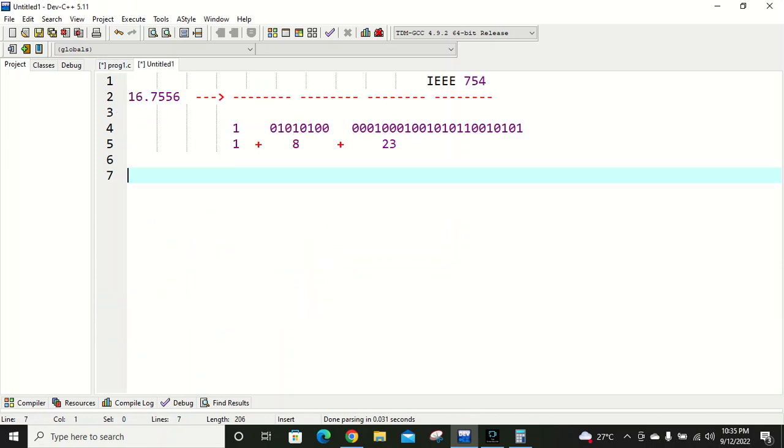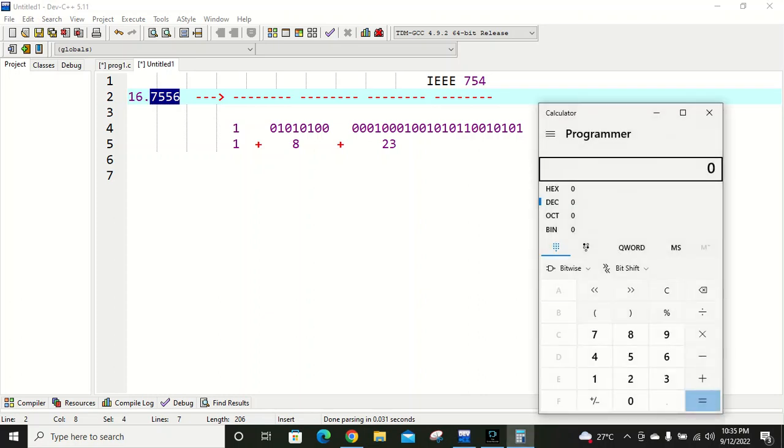Actually, first you have to convert 16 into binary, then you have to convert 7556 into binary. So I can use the calculator. In this calculator I am converting 16 into binary. So I write 16 here. In decimal it is 16, but in binary, in 8 bits, it is 00010000.